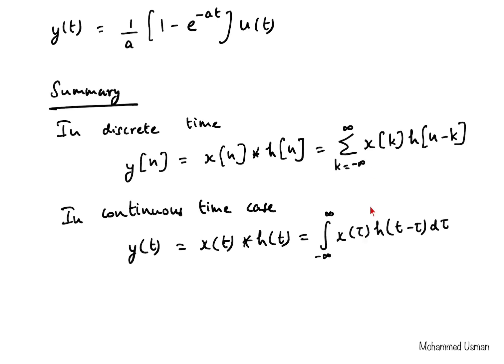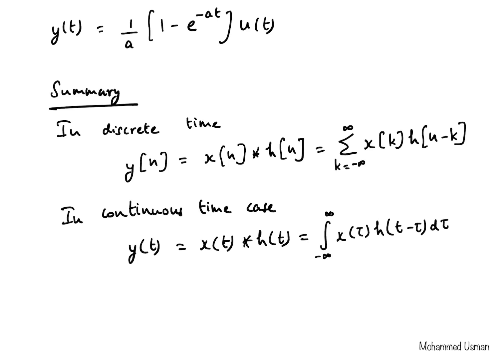You see they are quite similar in form. The only difference is that the summation has become an integral, and in the discrete case the index k in h of n minus k takes on only integer values, but no such restriction applies in the continuous time case.